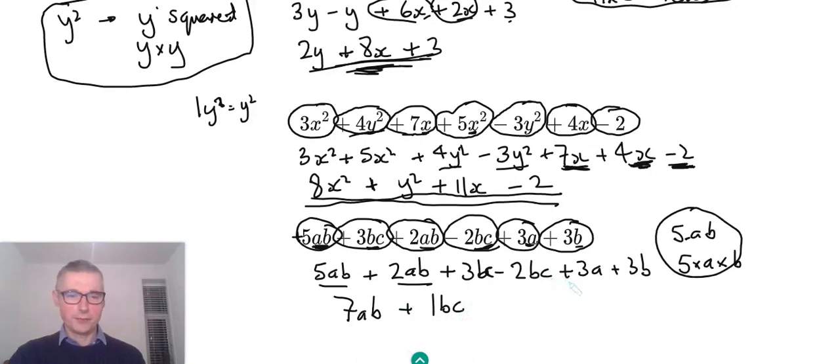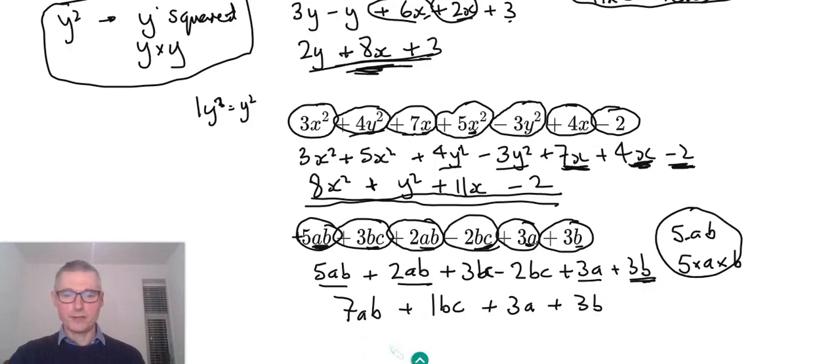I'm going to simplify that on the line below, but 3BC take away 2BC is 1BC. And then we've got the 3A, and there's no other A's on their own, so I can only write 3a. I can't simplify that at all. And then we've got plus 3b. I'm going to write that there, but we can't do anything else with the b. There's no other b's to add it to.